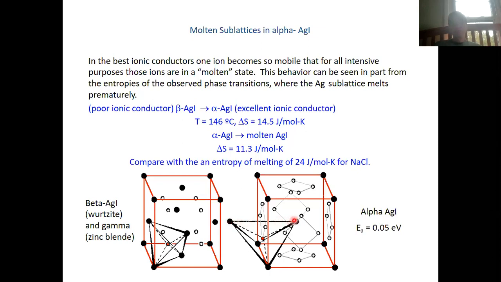We are going from the body center of this unit cell to the body center of the neighboring unit cell, whereas this distance from here to here, and from here to here, is only half of the body diagonal of the unit cell.